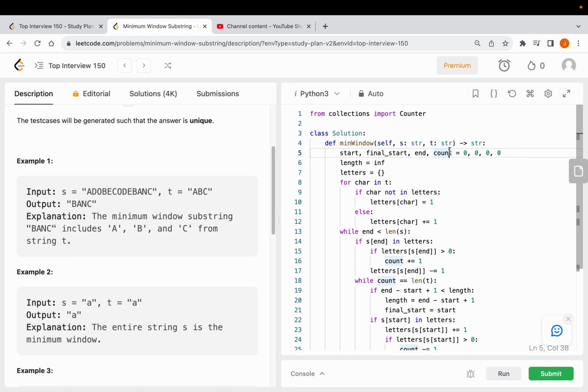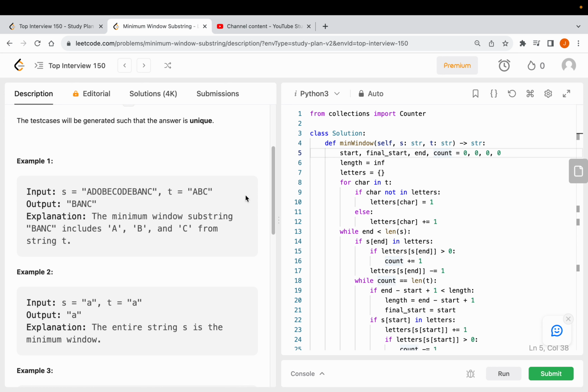Length is going to be the length of the current window we're looking at. We start with infinity, or integer max value in another language. Letters will be a dictionary. First we want to put everything in T into this dictionary.